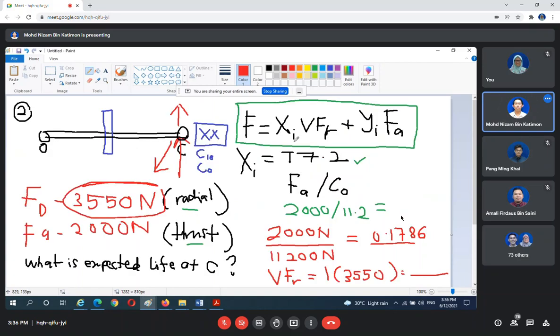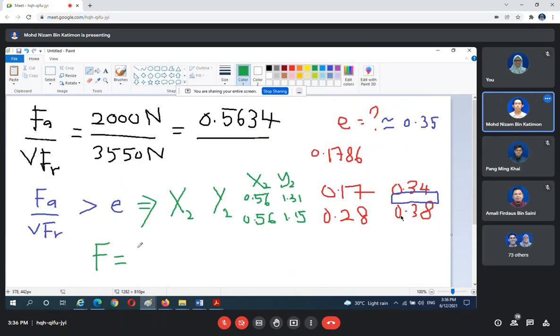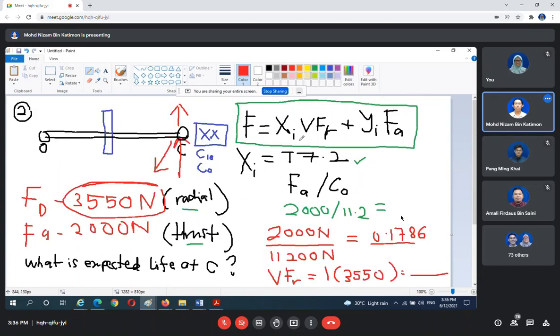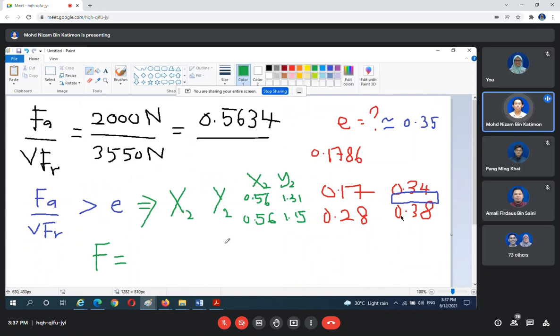So for X2, you need to find the interpolation for this case. X2 is definitely 0.56.